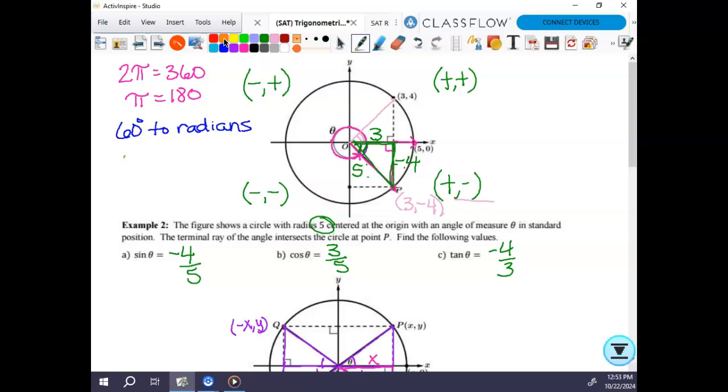I know that there are pi radians and 180 degrees. I want to know how many radians are there in 60 degrees. It's just a proportion. Cross multiply and divide, and you'll get 60 times pi divided by 180. And then once I cross that out, I get 6 over 18. That is pi thirds.